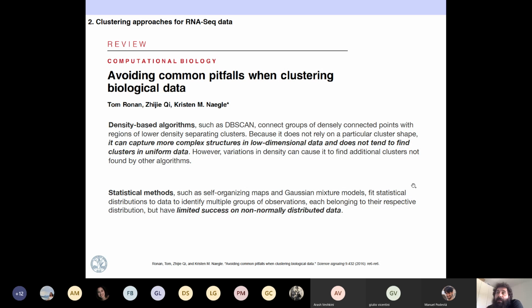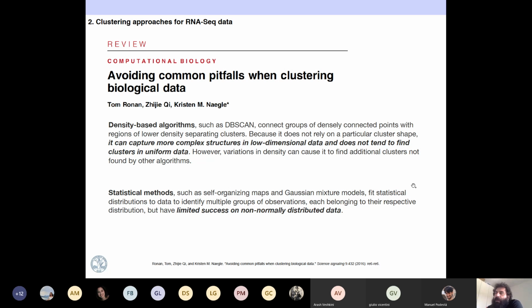Density-based algorithms are being used now, for example, to do the clustering for single cells. Single cells need to use clustering. So density algorithms are one of the common algorithms being used now. And then you have statistical methods like self-organizing maps or Gaussian mixture models.